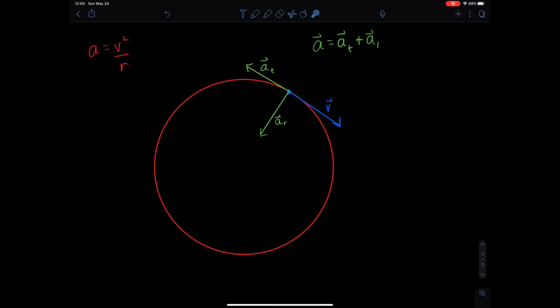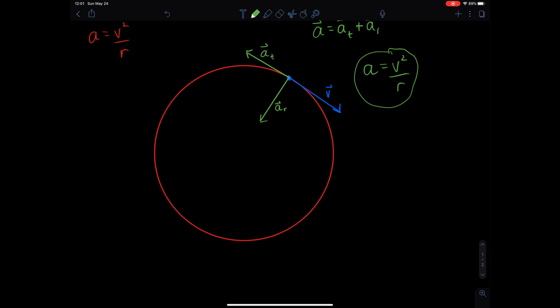And not much changes there either. You still have a tangential and a radial component of acceleration. And in both cases, where your speed is changing or your circle's radius is changing, the magnitude is still the same. We still get the magnitude a equals v squared over r. So it doesn't matter what kind of circle you're moving in, that's always going to be the magnitude of your acceleration.